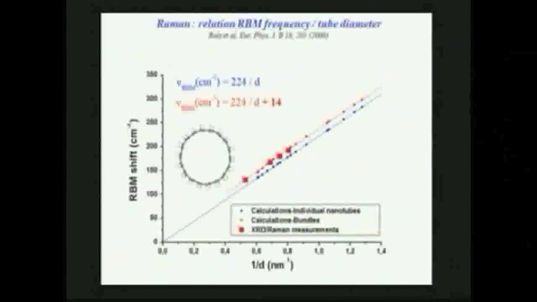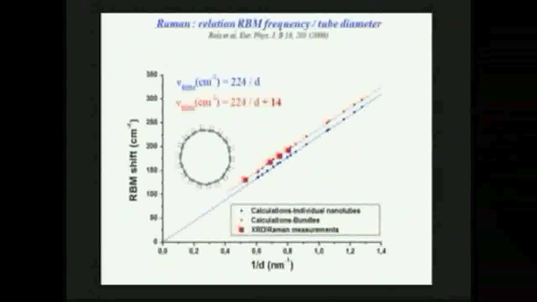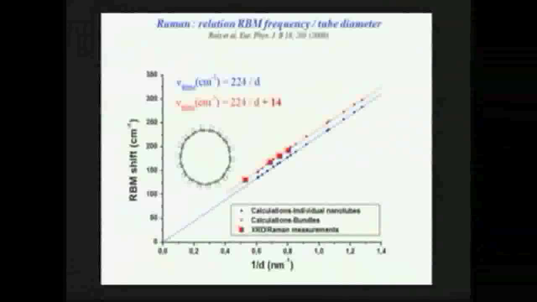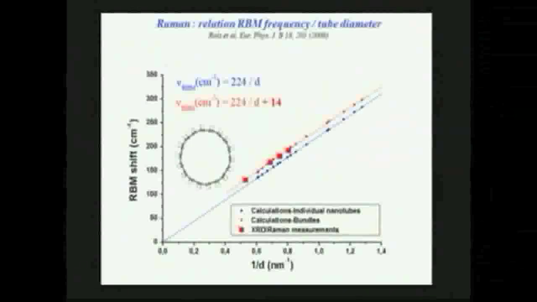So now, how can we calculate this relation between frequency and diameter? If you want to calculate that, you have to make two kinds of experiments, Raman and diffraction, either X-ray or electronic diffraction, because diffraction will be the ideal technique to measure the diameter of the nanotube.